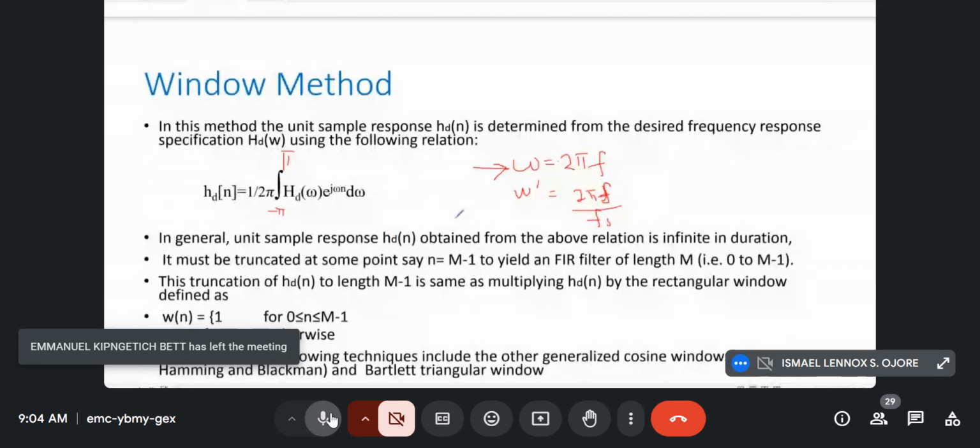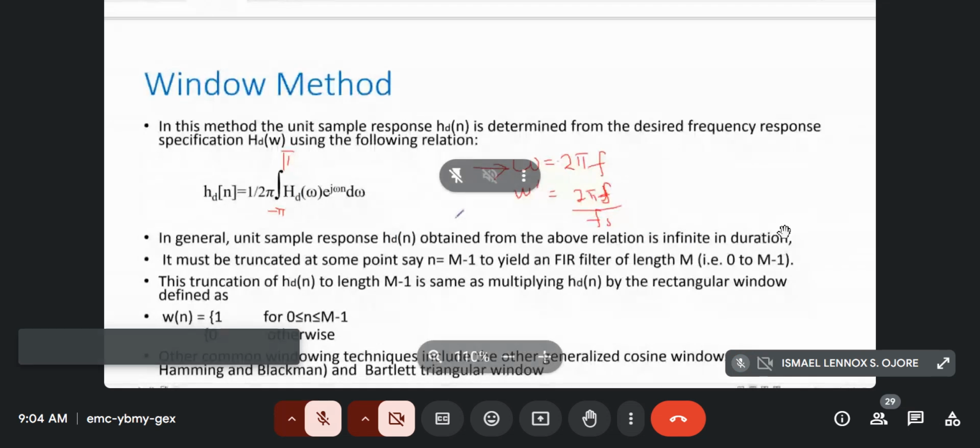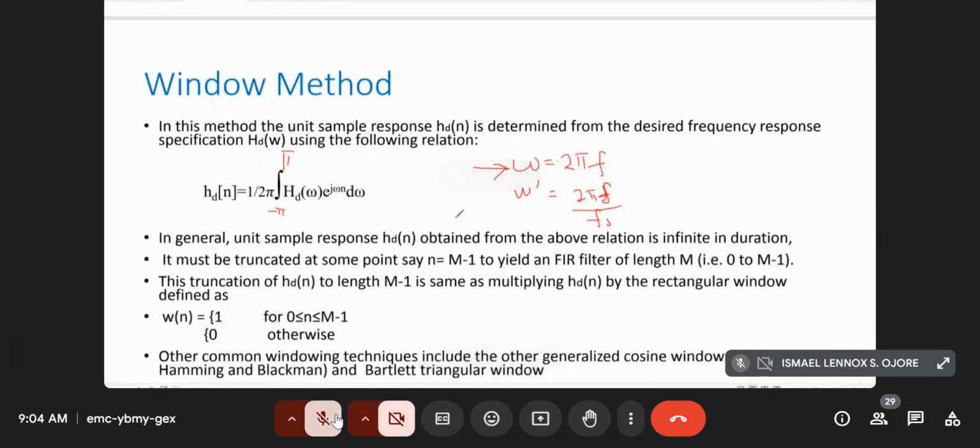Okay, maybe it's not obvious, but if you write it in this form, it becomes easier to see the units.